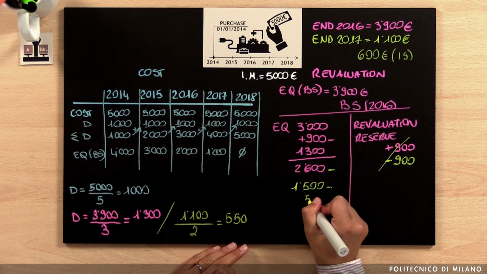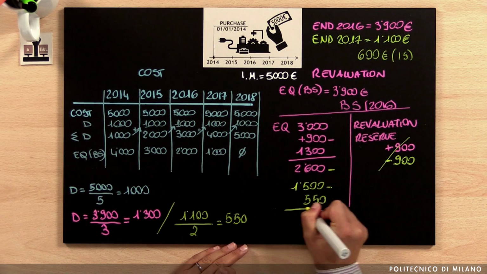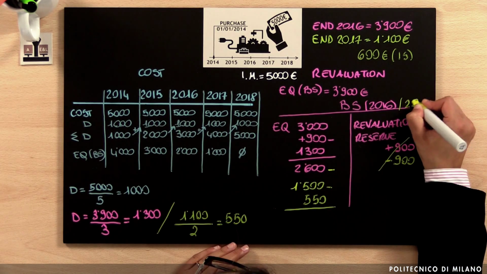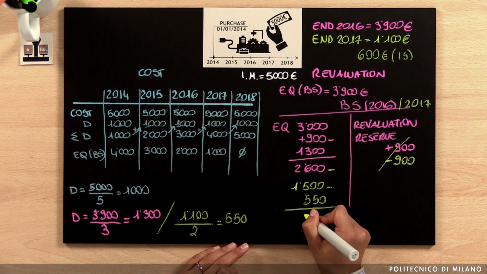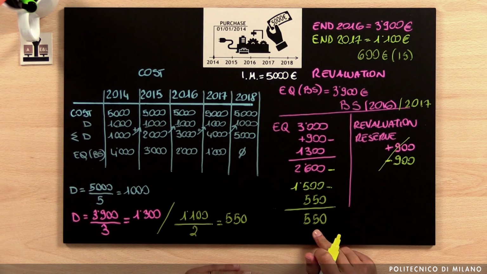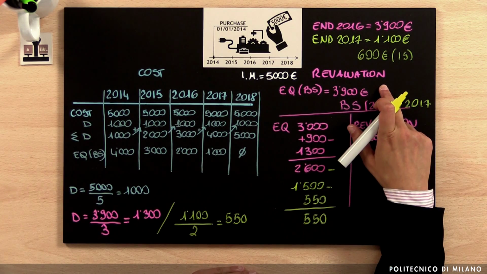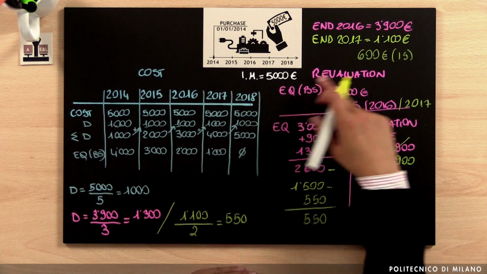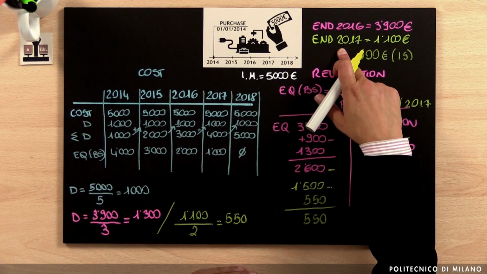So minus 550, and we will have the final value of the equipment, in this case in the year 2017, equals to 550. In this case, we have applied what is defined as impairment test. The impairment test is applied both in the case of the revaluation model, but also if a cost model is adopted in the moment in which the loss of value is unrecoverable.